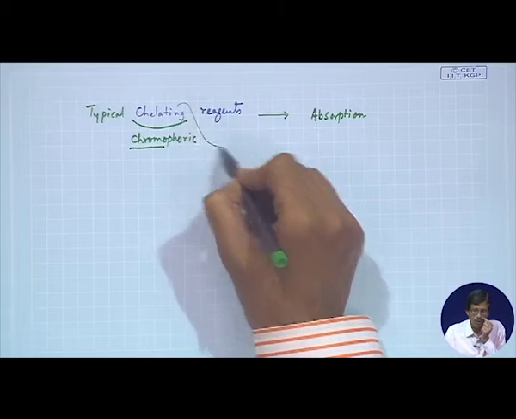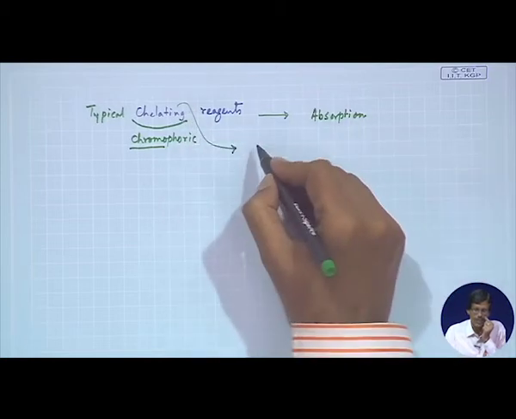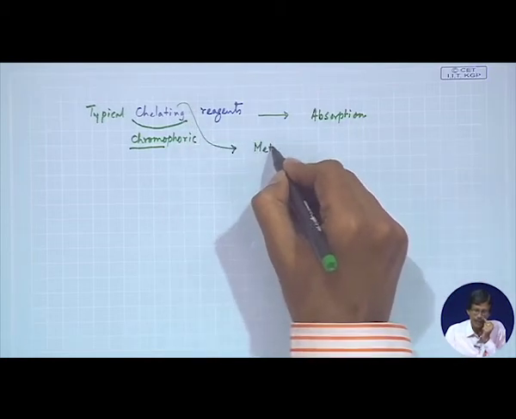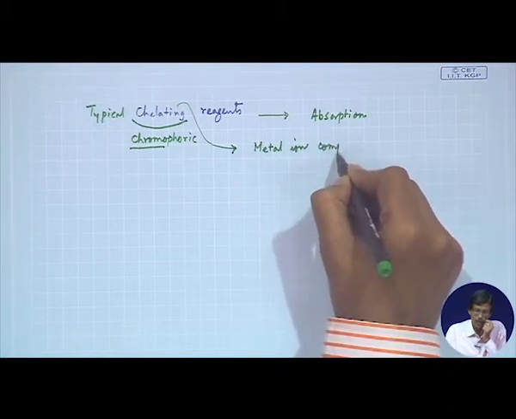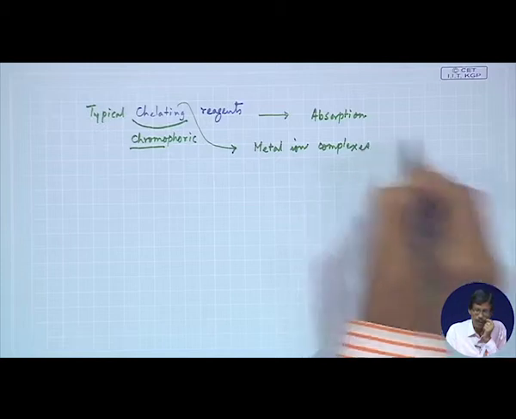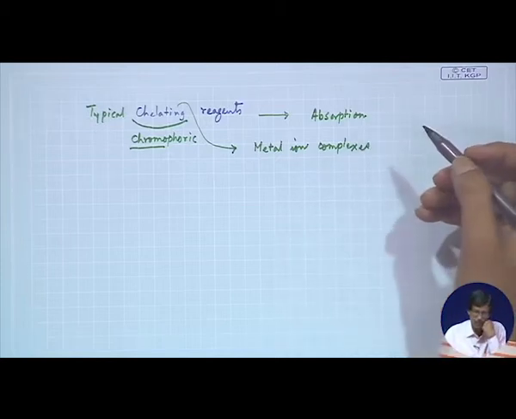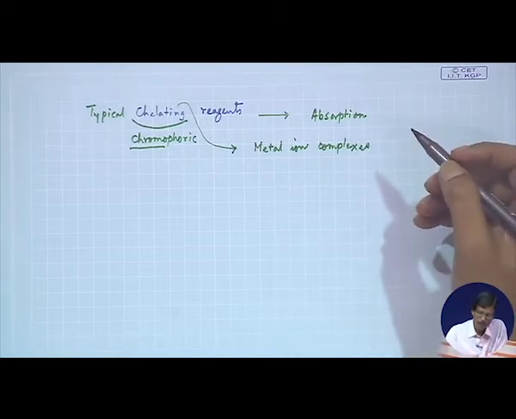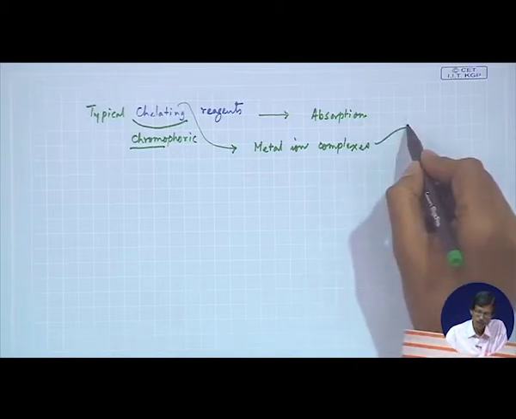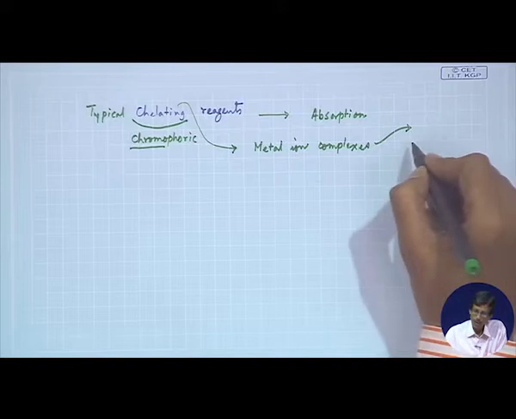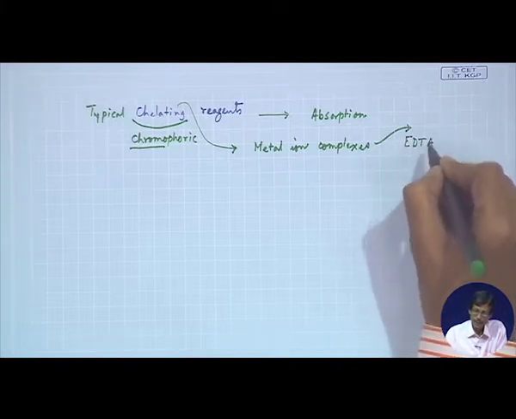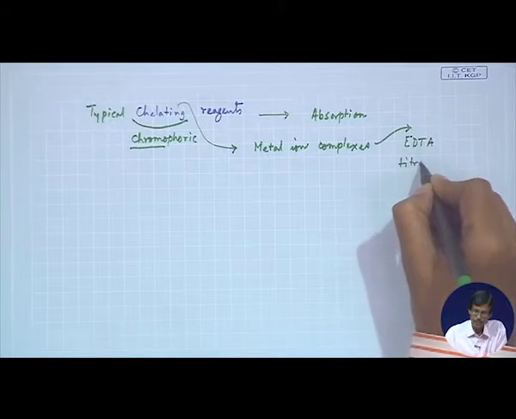And when we talk about this chelating agent, definitely we can have the concept of metal ion complexes. So, we should not forget how metal ions are forming complexes, because this is also the corresponding backbone for your titrations like that of your EDTA titrations also.